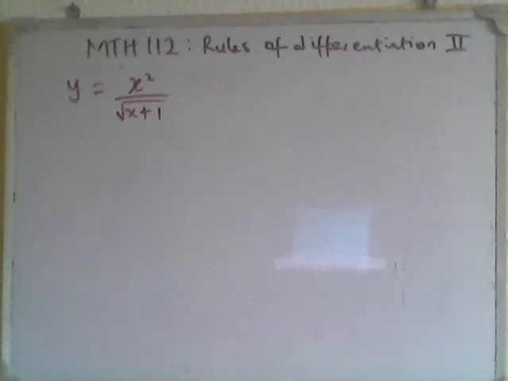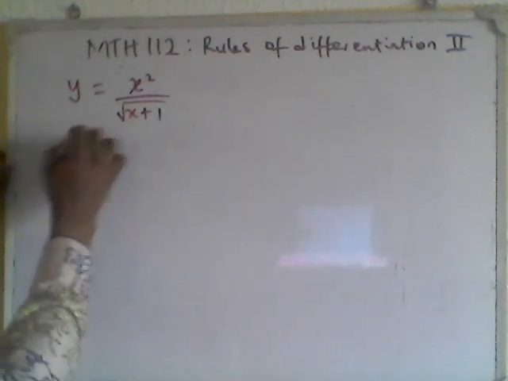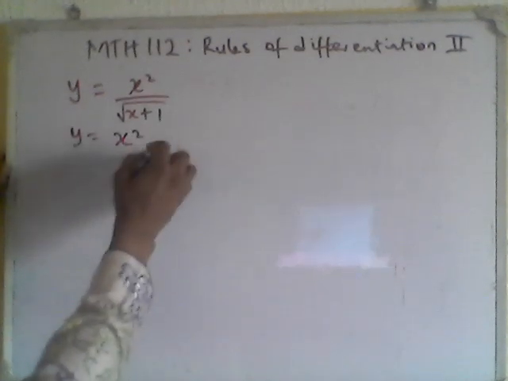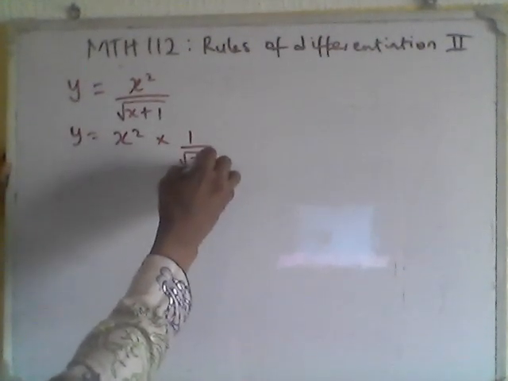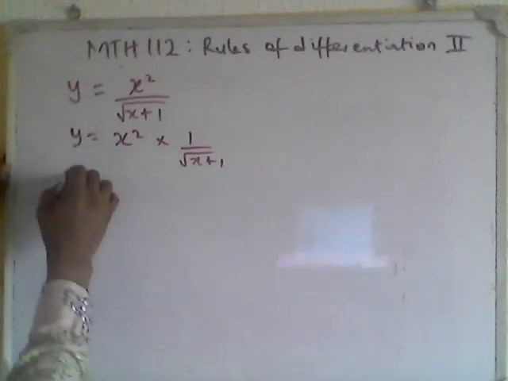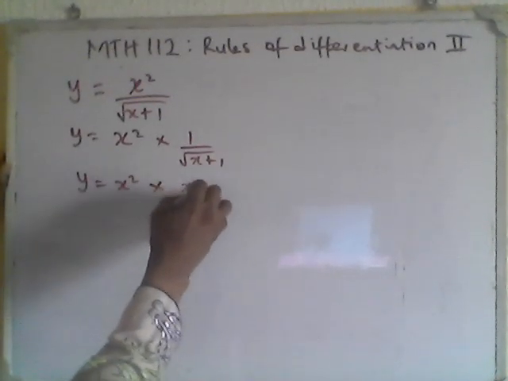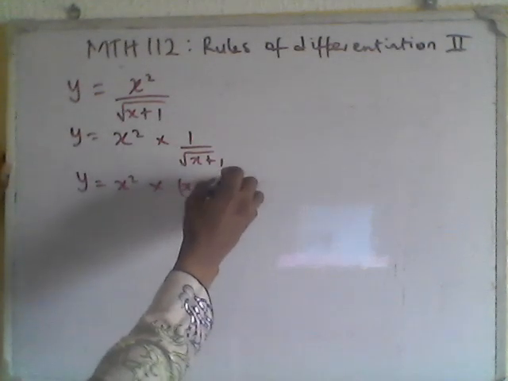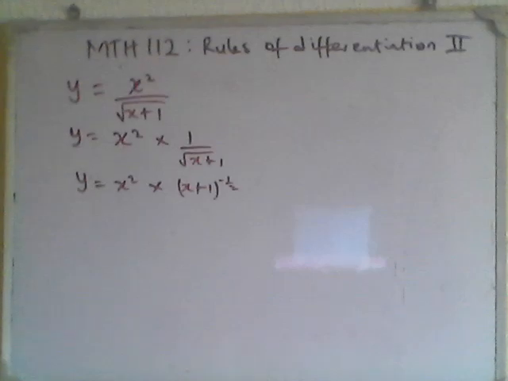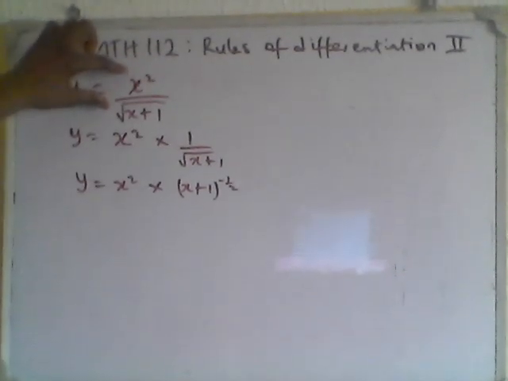I can say y is x squared times 1 over square root of x plus 1. Or y is equal to x squared times x plus 1 all to the power minus 1 over 2, right? Okay, so this is product again. See how I resolve this to this?